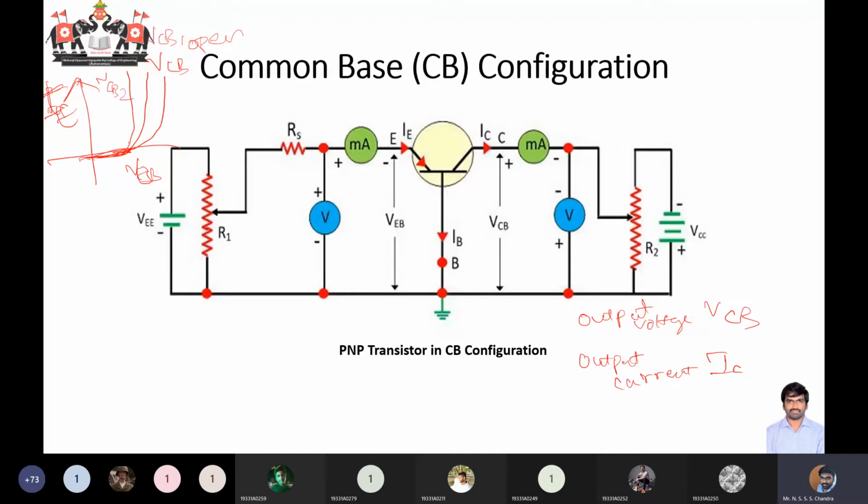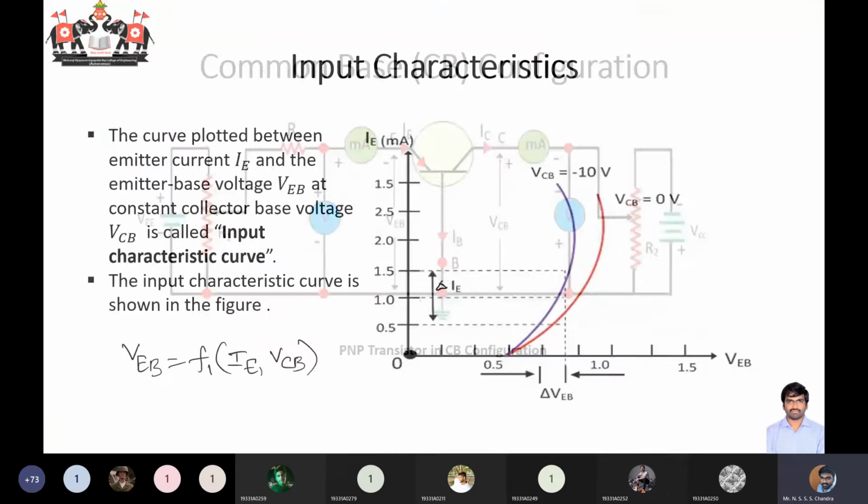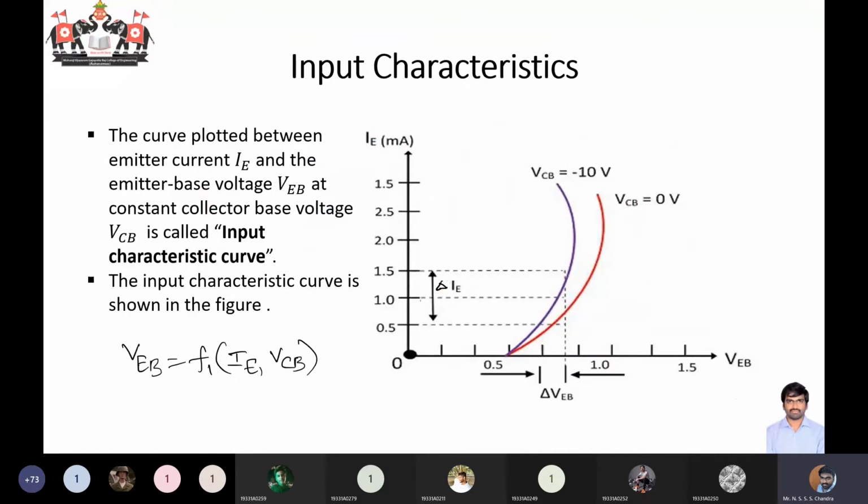This set of graphs we can call the characteristics. So your VEB depends not only on your IE but also on your VCB. Let us check this graph. The curve is plotted between emitter current IE and emitter base voltage VEB, and it is called the input characteristic.